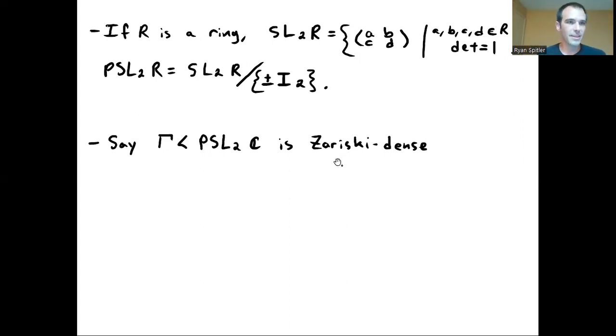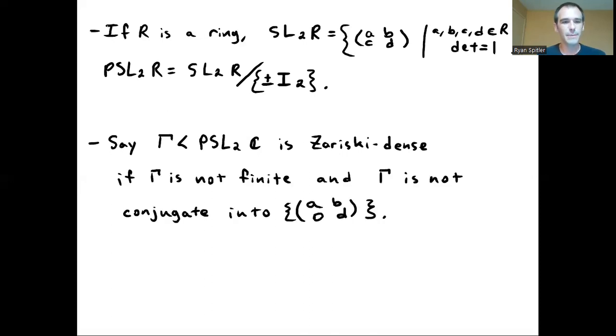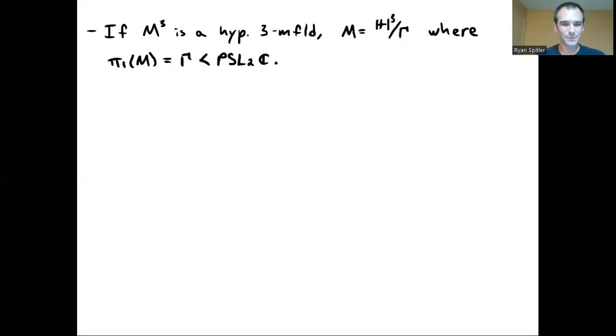There's an easier thing to check in this particular example: that gamma is not finite, and gamma is not conjugate into upper triangular matrices. So as long as you have a subgroup gamma of PSL2C that is not finite and not conjugate into upper triangular matrices, with this 0 down at the bottom, then it's Zariski dense. So that's what Zariski dense will mean for me and what it can mean for you today.